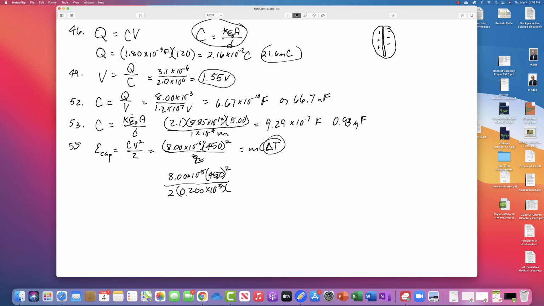And then from the book, the specific heat of flesh is approximately 3,500 joules per kilogram degrees centigrade, and that's going to equal delta T. And delta T then is going to be 11.6 degrees centigrade as a temperature change. Okie doke.